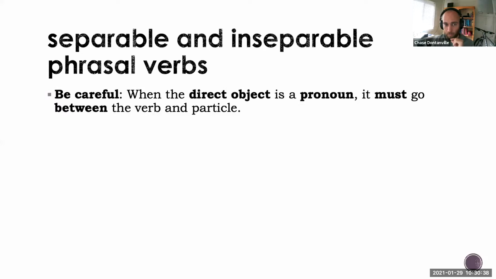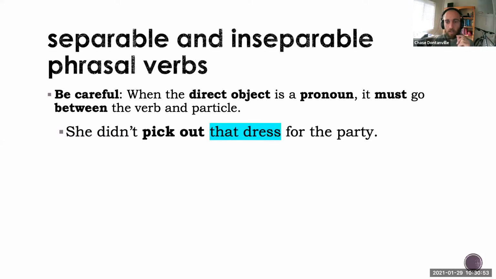So be careful. When the direct object is a pronoun, like me, you, he, she, it, we, they, it must go in the middle or between the verb and the particle. So here's an example. She didn't pick out that dress for the party. Pick out is a phrasal verb.